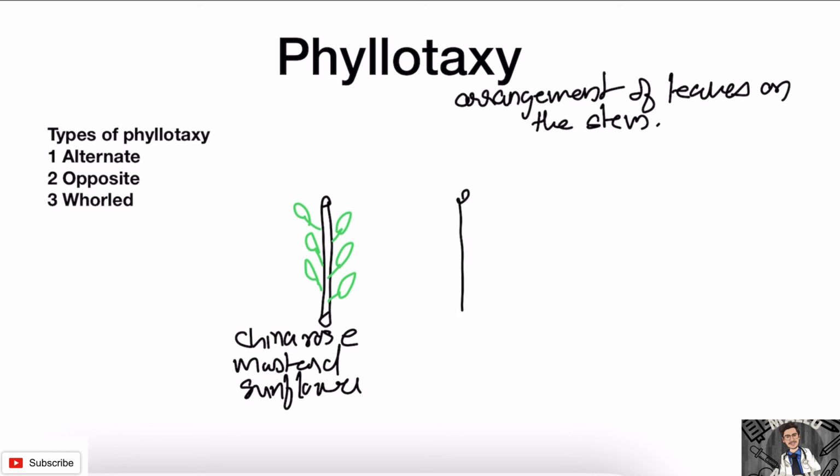Let me draw another stem, and you have the leaves arising from the nodes opposite to one another. This type is seen in guava, calotropis. All right.